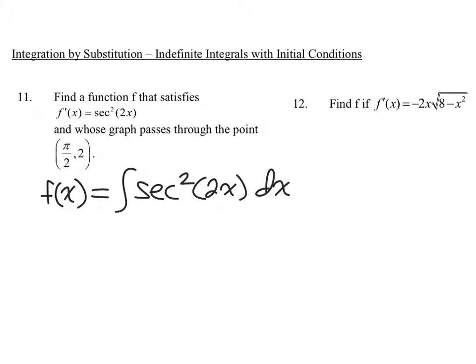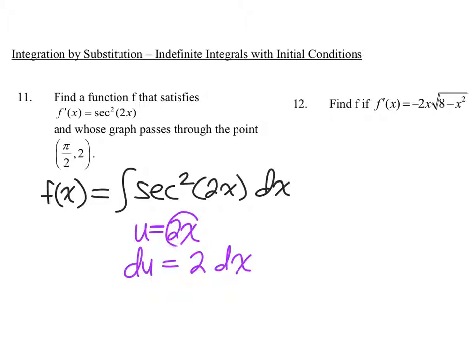Because the derivative of tangent is equal to what? Secant squared of x. So I already know that if that 2x wasn't there, I would have the antiderivative already. So what I want to do is replace the 2x with a u, and then differentiate. du equals 2 dx. Now looking at my integrand, I don't have a 2 in there.